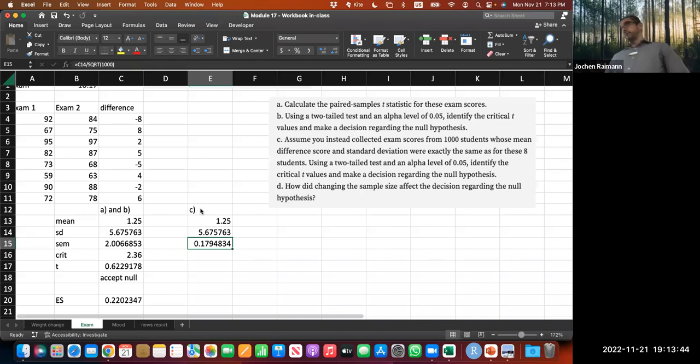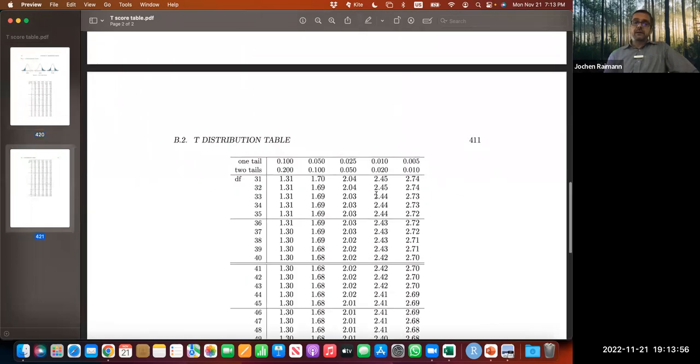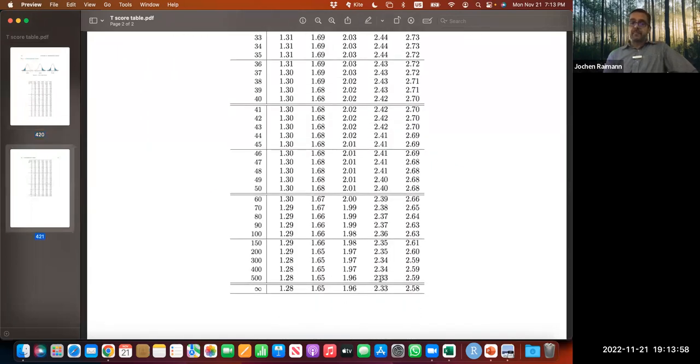So here the standard error of the mean is substantially smaller, which will essentially result now. So the critical t of such a sample size is obviously substantially smaller than the 2.36 we've seen before. And now we're back at our z statistics.